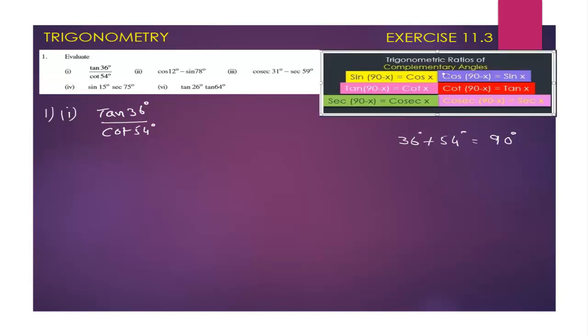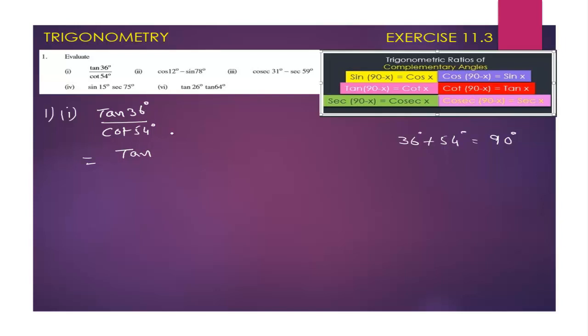These are: sin of 90 minus x equals cos x, cos of 90 minus x equals sin x, tan of 90 minus x equals cot x, cot of 90 minus x equals tan x, secant of 90 minus x equals cosecant x, cosecant of 90 minus x equals secant x.